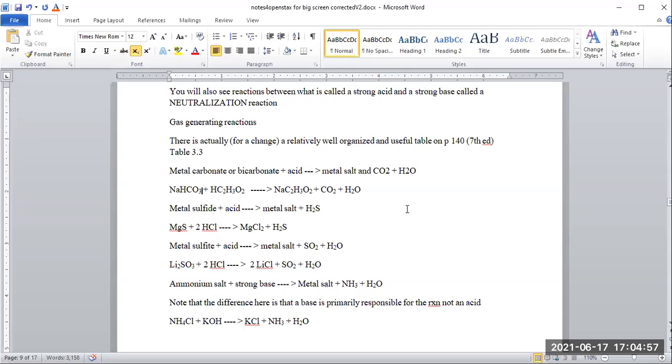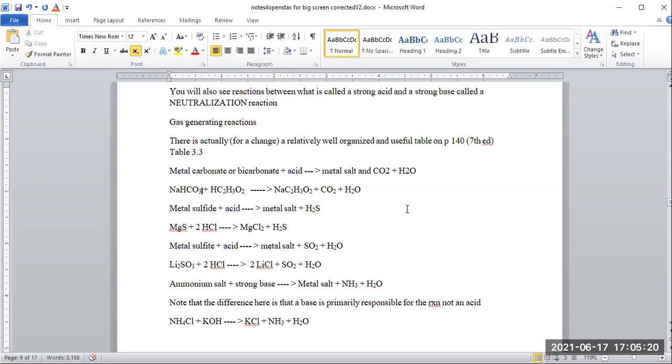Okay, this is the stereotypical, I'm in middle school and I'm making a volcano reaction. So sodium bicarbonate is baking soda. That's what it's actually made of. And vinegar, acetic acid. When you add those two things together, this is not an acid-base reaction. This is a gas-generating reaction.